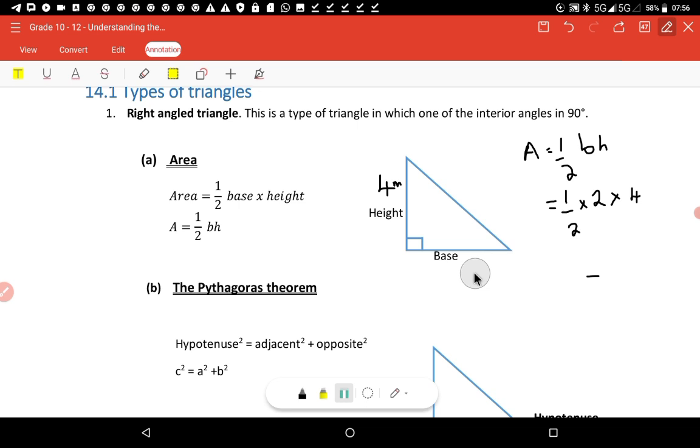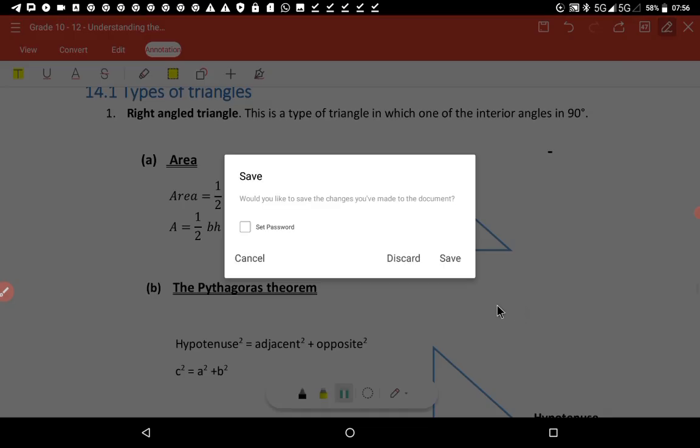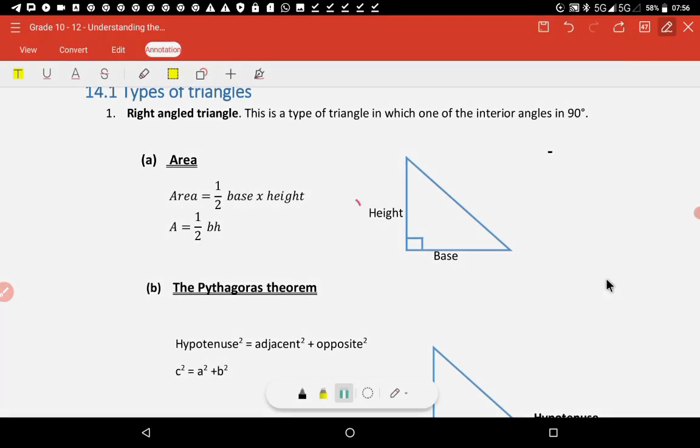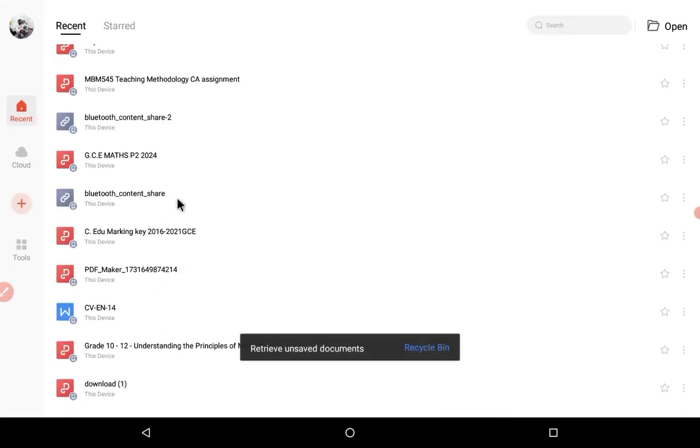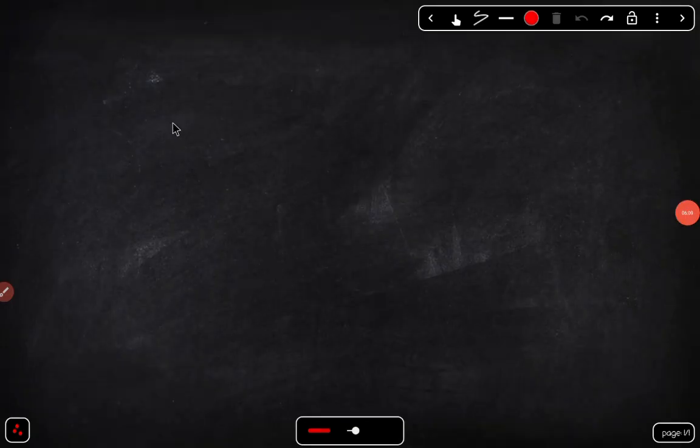Now let's look at the Pythagoras theorem quickly, so we can understand several things here. Let's have an example.